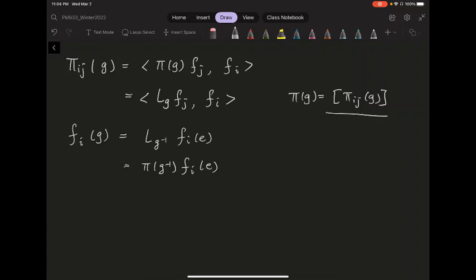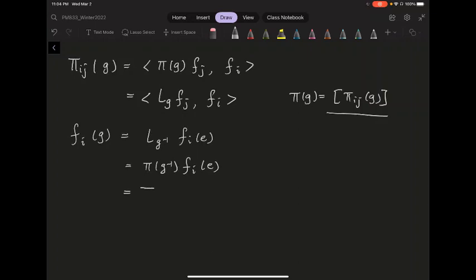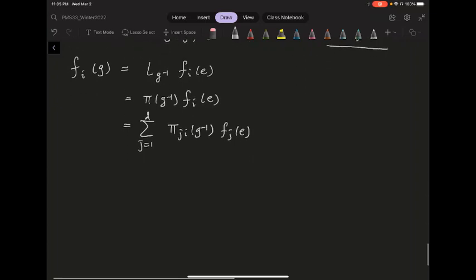So this becomes a column vector, and you write it as a summation of pi ji evaluated at G inverse, and you move the Fi to the jth row, so it becomes Fj of E, with j going from 1 to d, okay? You treat this F as the orthonormal basis and your pi as these d by d matrices.